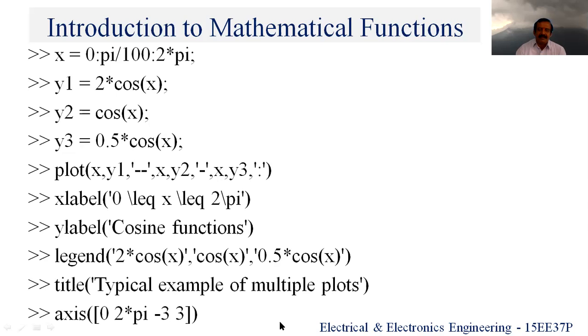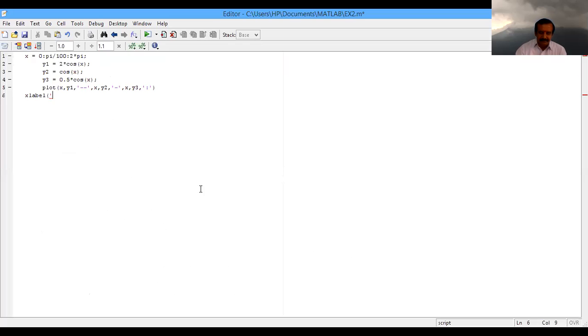So I will write similarly 0 less than or equal to x less than or equal to 2 pi, within single apostrophes.